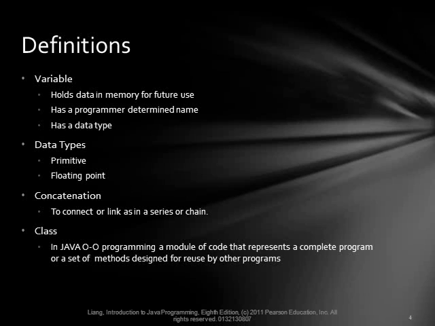Also, variables have a data type, and we'll speak more of the data types in our next lesson. But a data type determines what kind of values the variable can hold, as well as what we can do with the variable. So if we have a variable with the data type integer, we know that it can only hold whole numbers. It can't hold numbers with decimal points, because a decimal point number is not an integer.